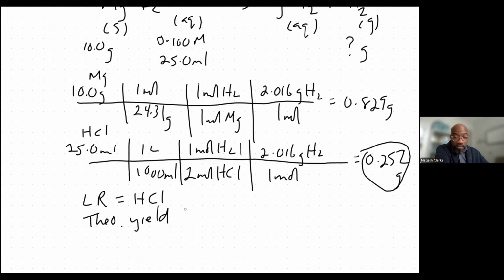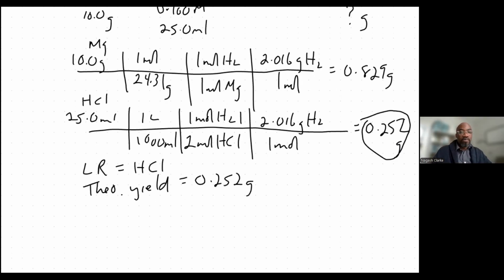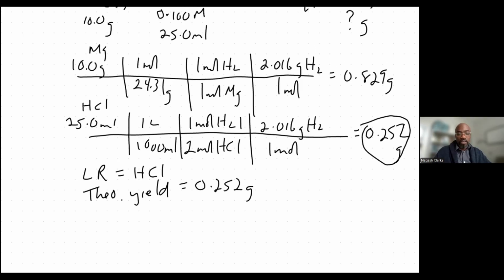Do I add these two to get theoretical yield? Do I subtract this from the big number? No, the theoretical yield is exactly what I circled, 0.252. Remember, limiting reactant always determines your theoretical yield. That's an example of one of the hard stoichiometric examples involving molarity.